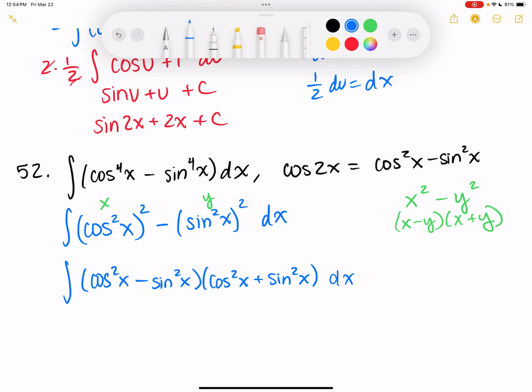So then we can substitute. Yep. So then now I have something I can substitute in. So I have the integral of cosine 2x times cosine squared x plus sine squared x.